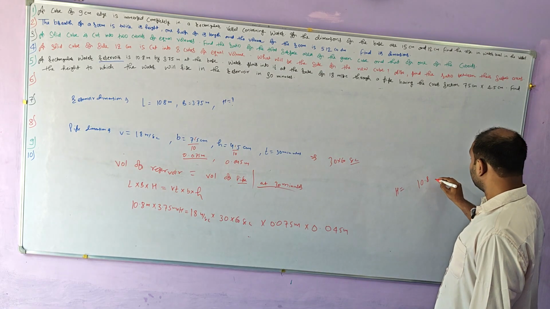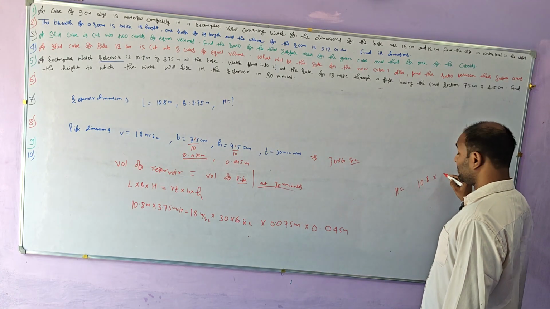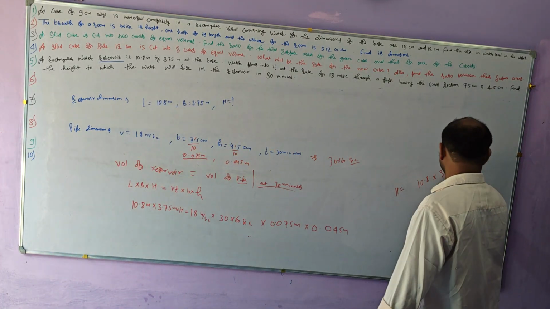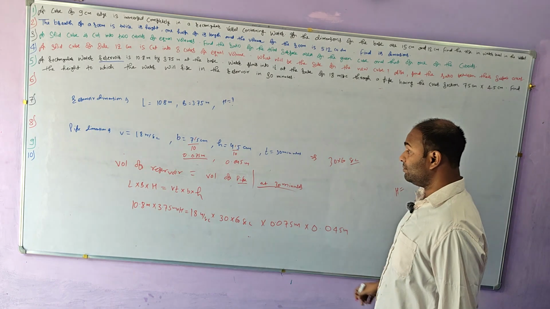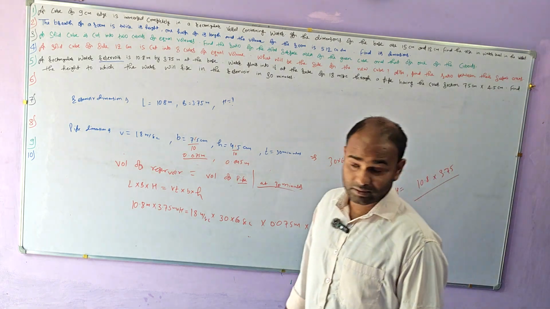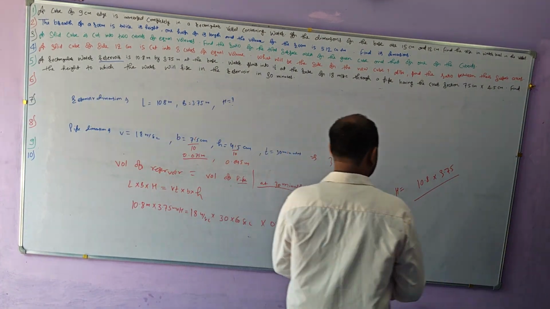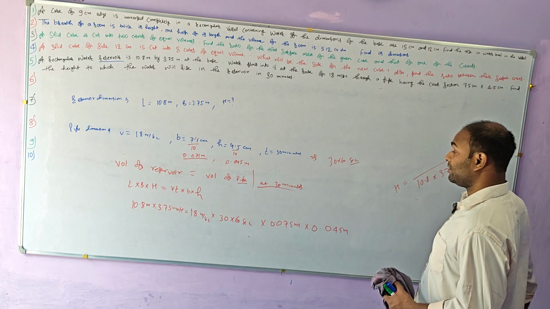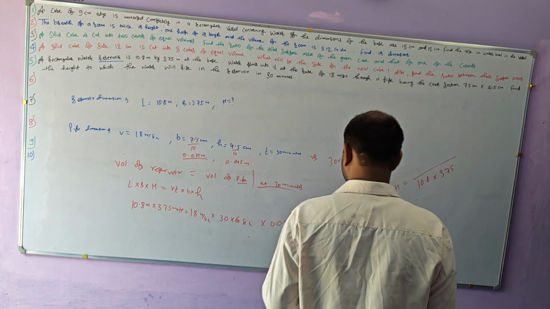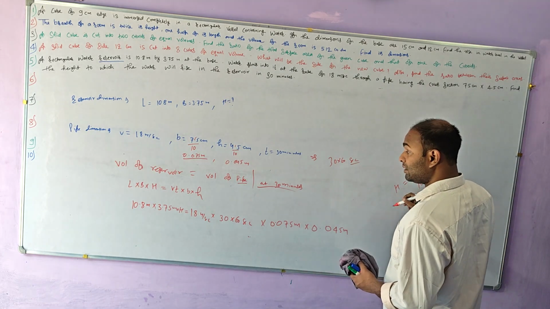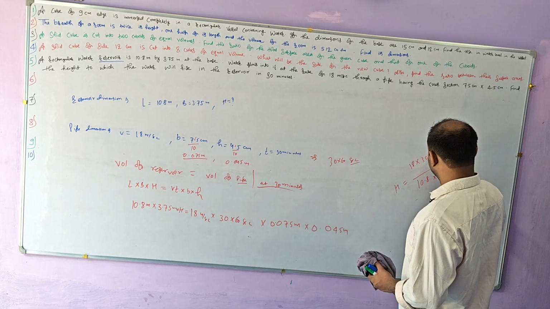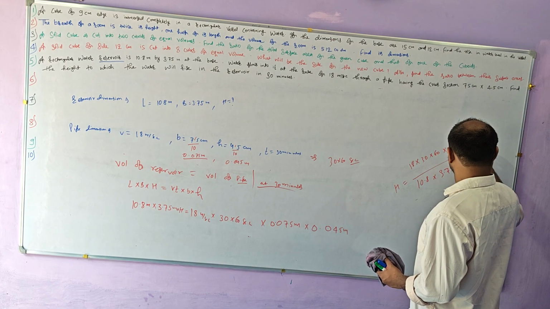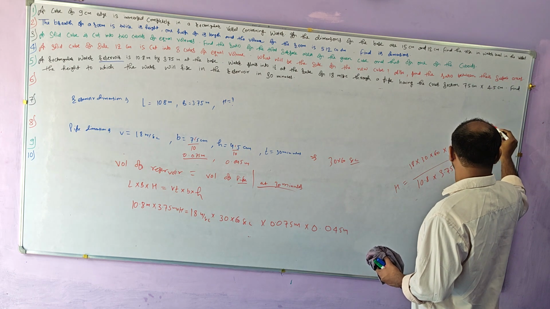10.8 into 3.75, divided by this dimension 18 into 30 into 60 into 0.075 into 0.045.